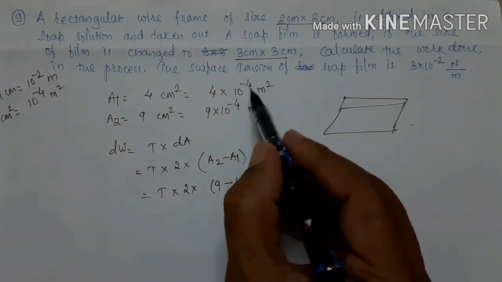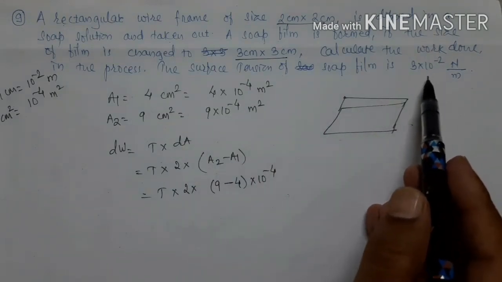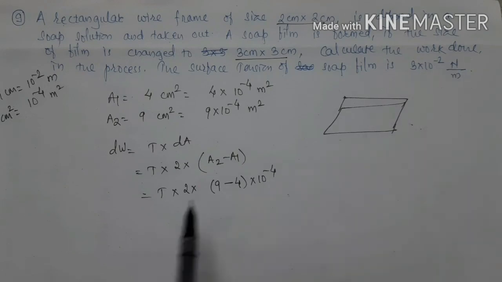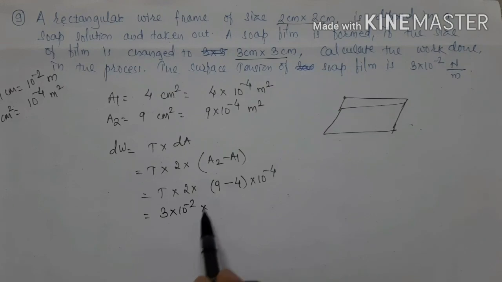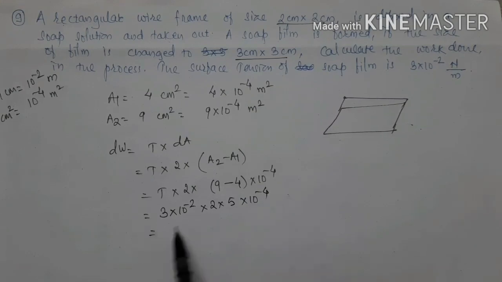10 to the power minus 4 is common, and surface tension is given here. How much is it? 3 into 10 to the power of minus 2. Therefore, 3 into 10 to the power of minus 2 into 2 into 5 into 10 to the power minus 4. It is 5 into 2, 10; 10 3s are 30, so 30 into 10 to the power of minus 6 joule, or conventionally we will write it as 3 into 10 to the power of minus 5 joule.